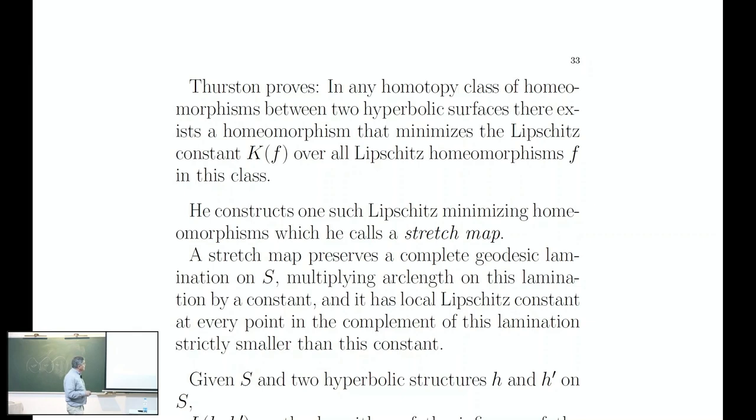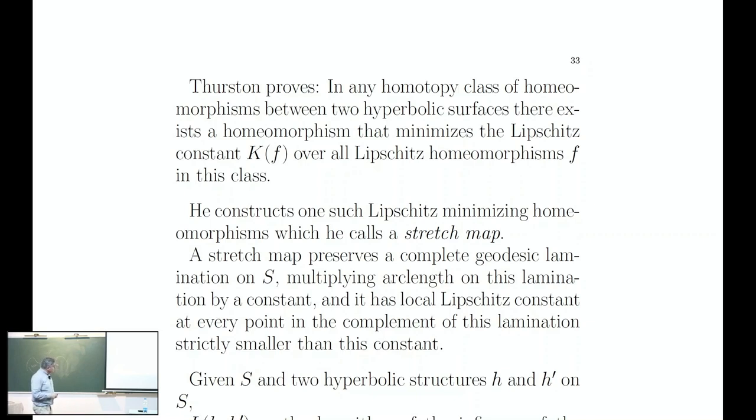And he constructs such a Lipschitz minimizing homeomorphism. There are many, but he constructs one which he calls a stretch map. This is why the paper is called minimal stretch maps between hyperbolic surfaces. This word stretch map is highlighted even in the title of the paper.